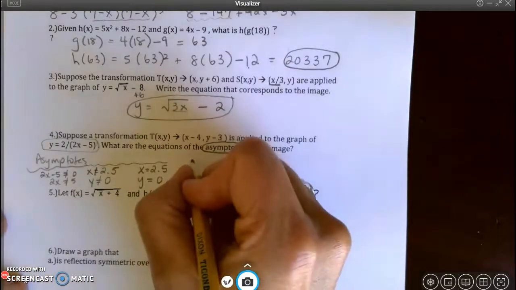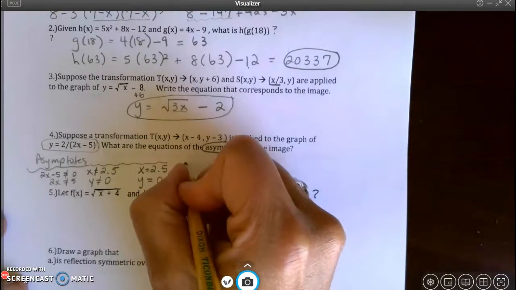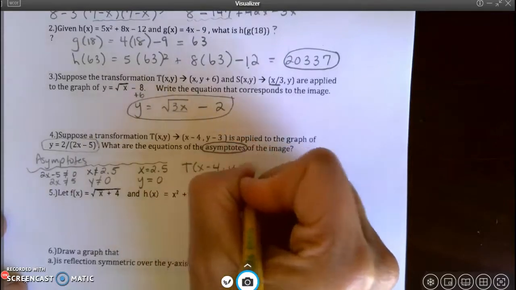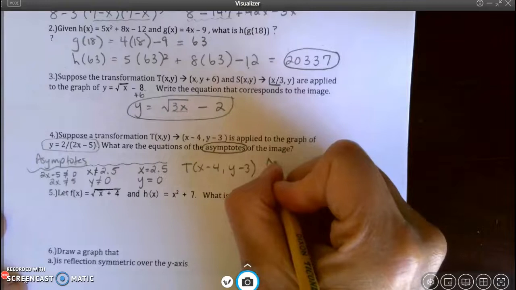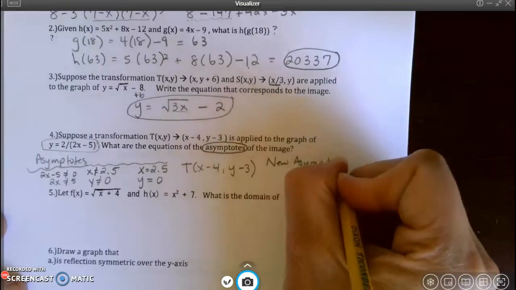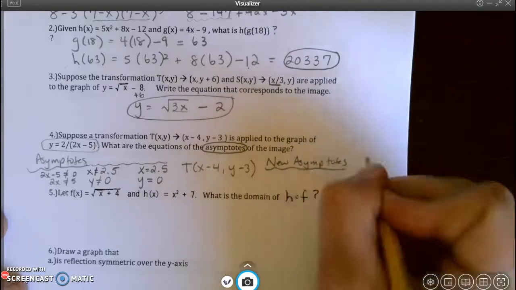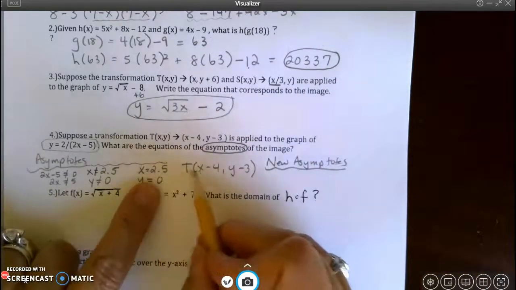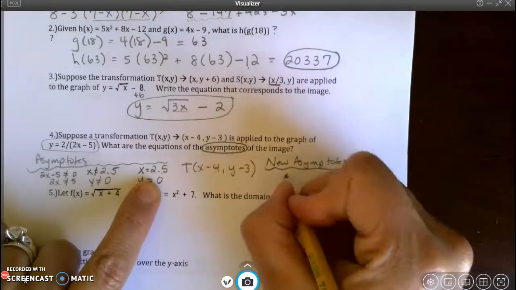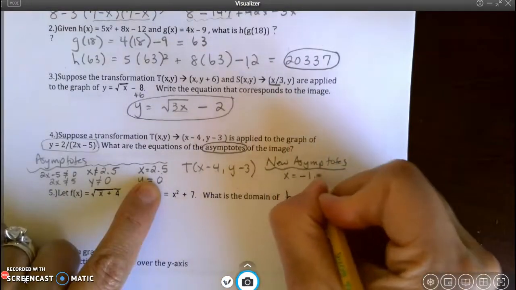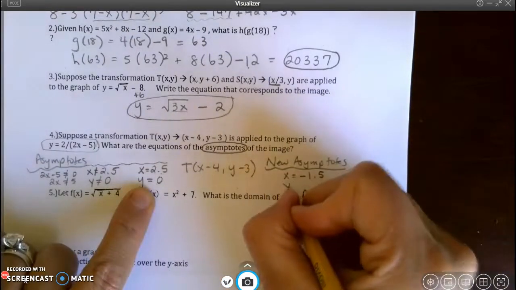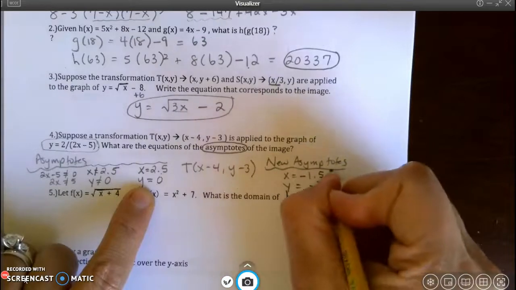Then I'm going to apply this rule, x minus 4, y minus 3, and I'm going to get my new asymptotes. I'm going to use the 2.5 right here for x, so 2.5 minus 4 is x equals negative 1.5. 0 minus 3 is y equals negative 3.